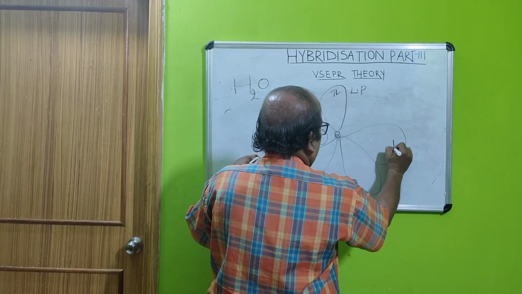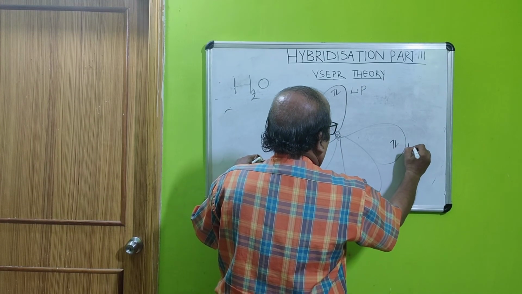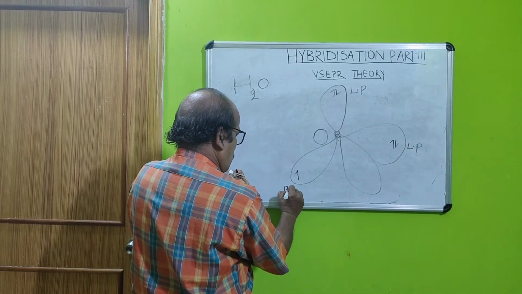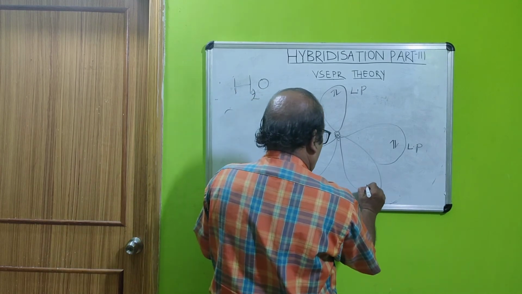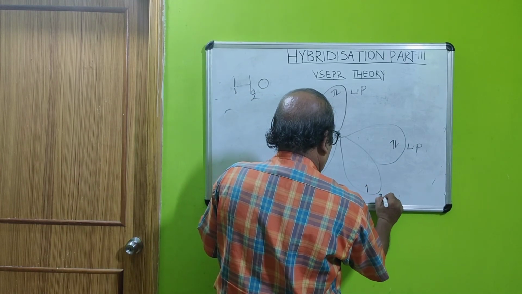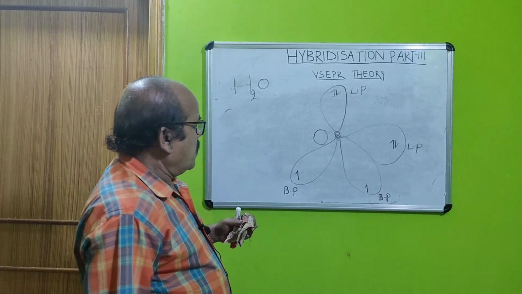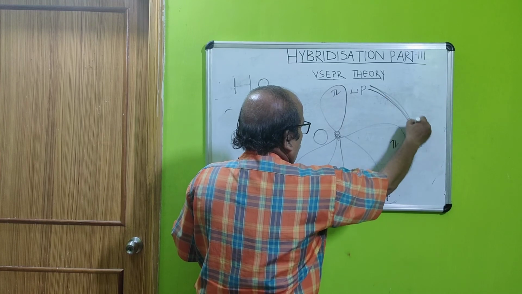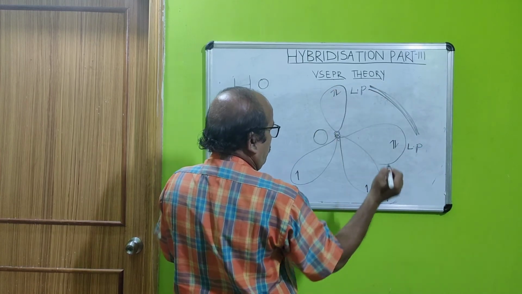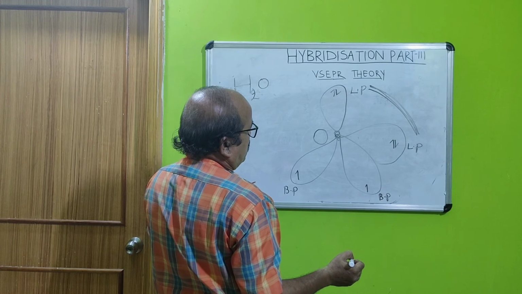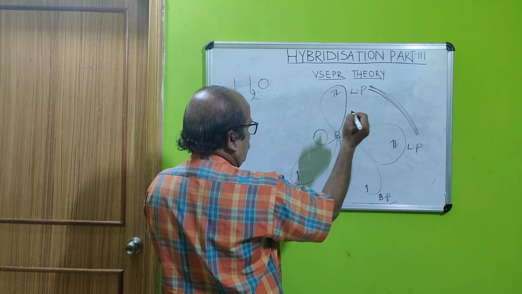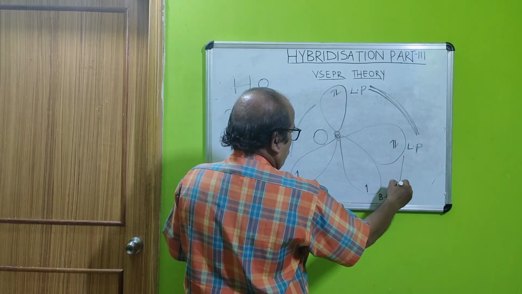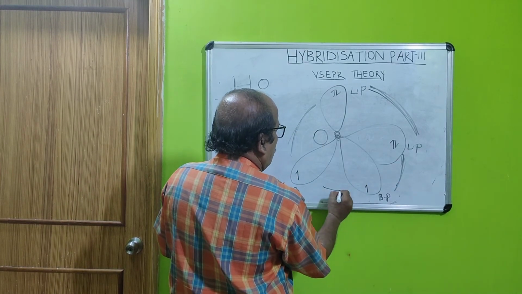Here 2 electrons are there. This is a lone pair. Here 1 electron is there. This is a bond pair. Here 1 electron is there. This is a bond pair. Now, lone pair repulsion is greater than lone pair-bond pair repulsion, which is greater than bond pair repulsion.